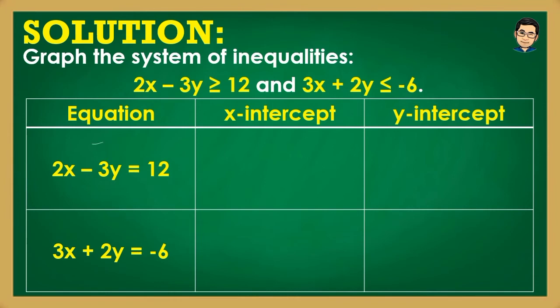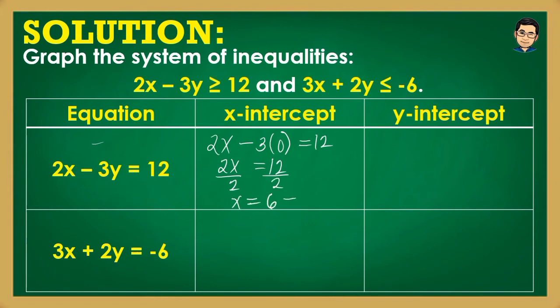So magiging 2x minus 3 times 0 is equal to 12. And then 2x minus 0, so 0 na po yung 3 times 0, so equals 12 na lang tayo. So, and then i-divide natin both sides by 2. So, the value of x is 6.